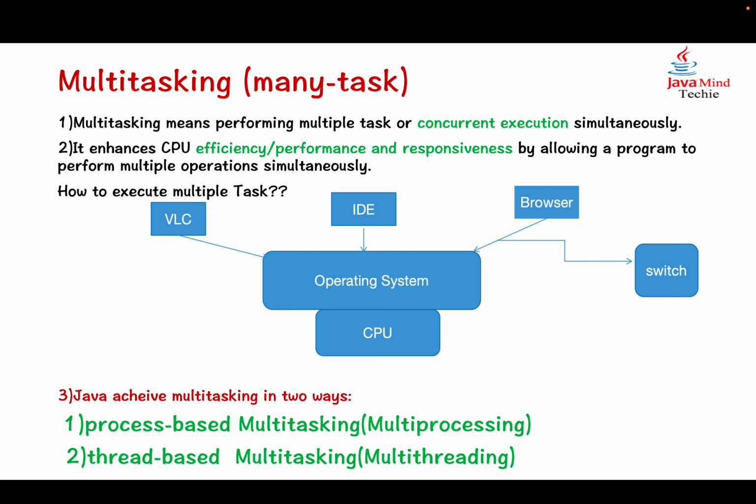The CPU will switch between all the programs in nanoseconds. You will not come to know how they switch. Suppose you are working in the IDE, the browser and the VLC media player, all three tasks simultaneously.